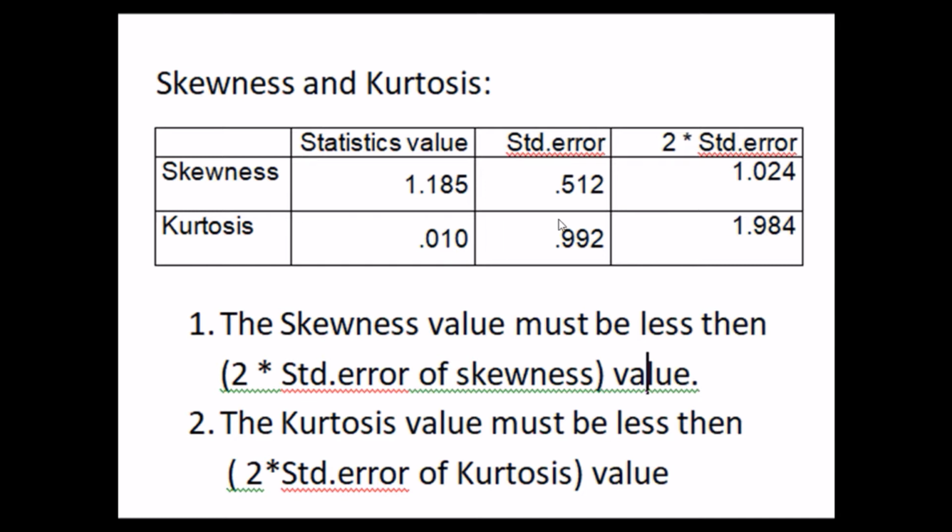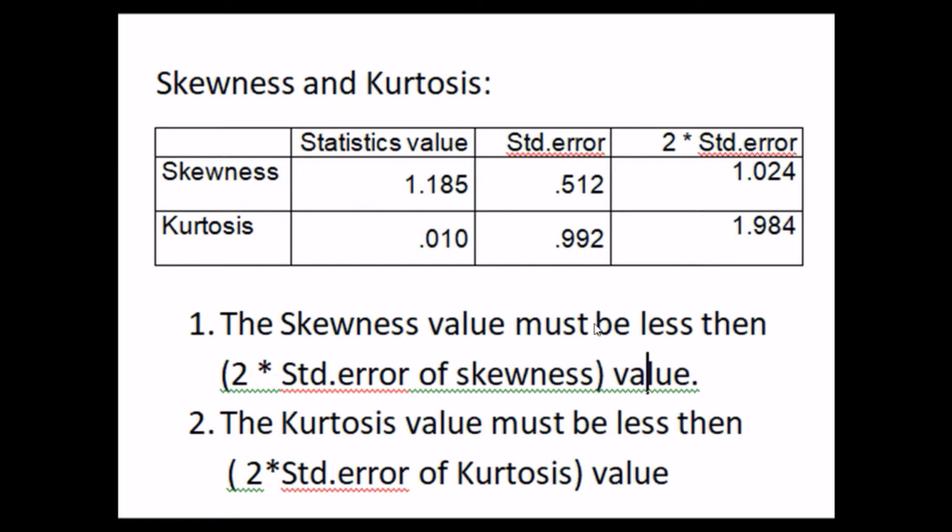Kurtosis is the same. Take the kurtosis value. If the kurtosis value is less than 1.984, then it is not too much peaked. It is within the limit. But the histogram is skewed. This is what we understand.